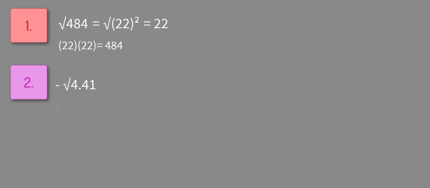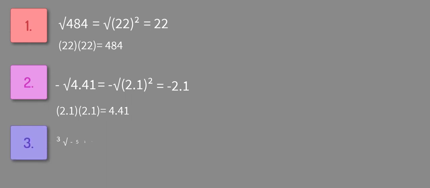So 2.1 times 2.1 equals 4.41. So we know that this is the same thing as the square root of 2.1 squared. Don't forget our negative sign, and the square root of 2.1 squared is simply 2.1. So the negative square root of 4.41 is negative 2.1.